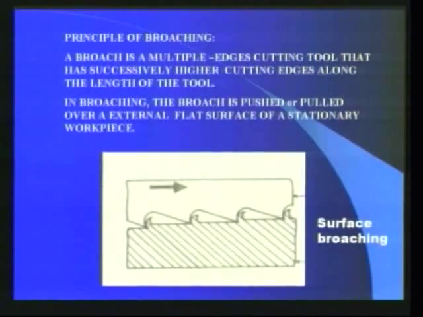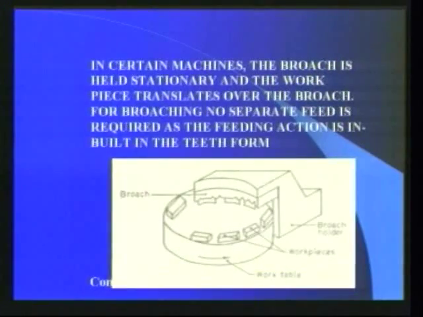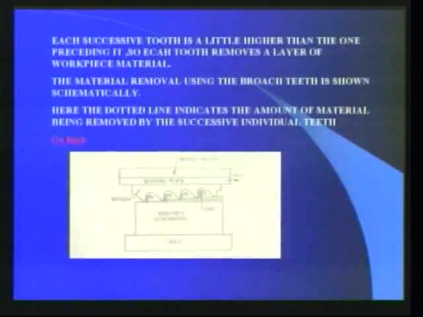It is surface broaching figure, it is internal broaching of a hole, it is continuous broaching. We discuss them later. The material removal using the broach teeth is shown schematically. Here the dotted line indicates the amount of material being removed by the successive individual teeth.